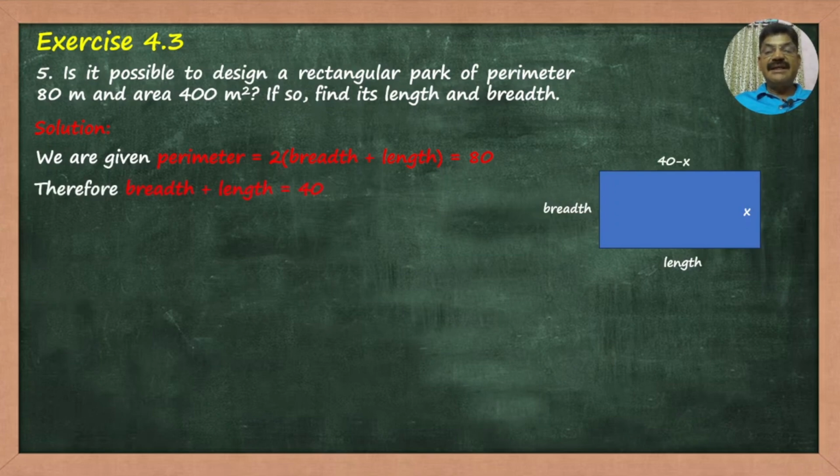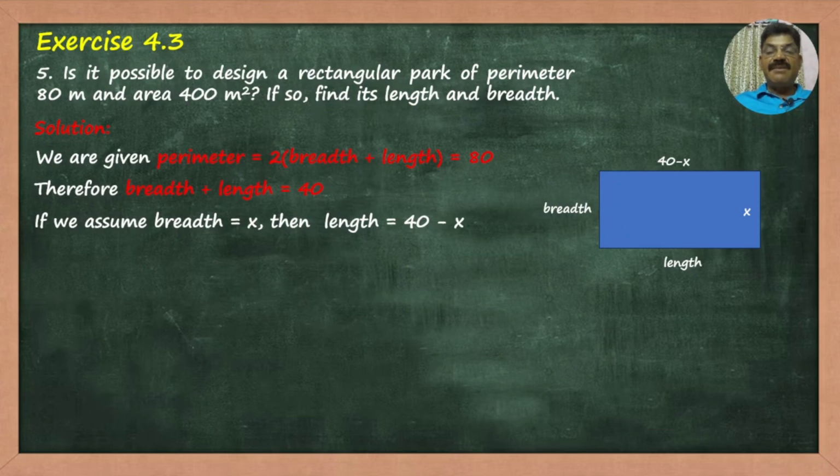You look at this diagram. So breadth, I have taken it as x. Then breadth plus length is equal to 40. Therefore, length is equal to 40 minus x. If we assume breadth is equal to x, then length is equal to 40 minus x. Next, what is given? Area is 400 square meter.